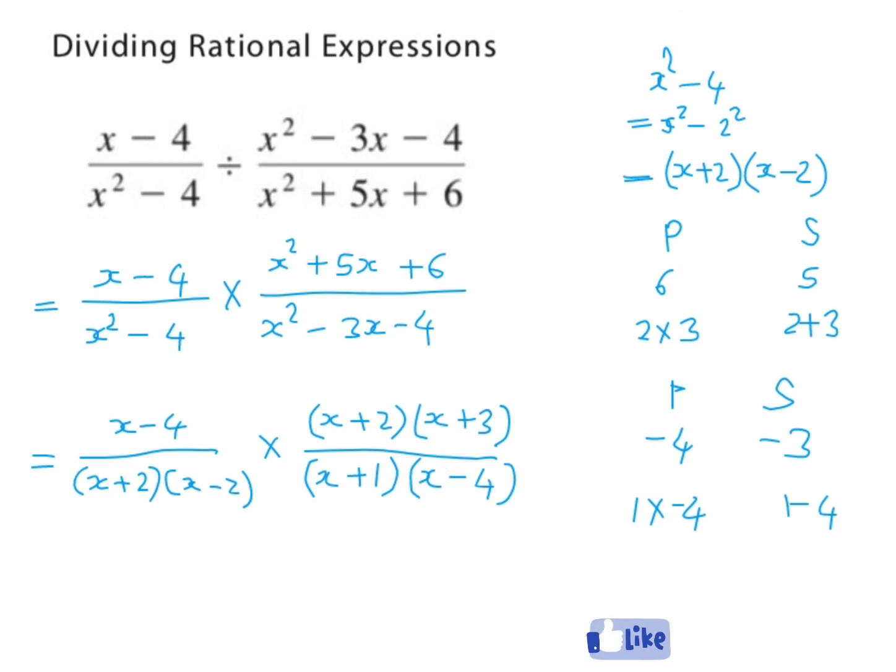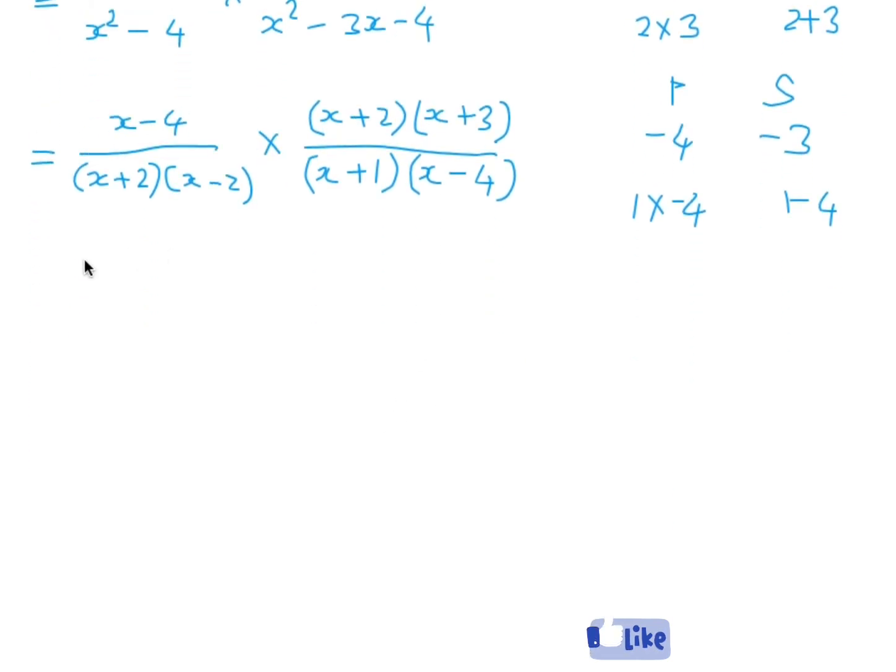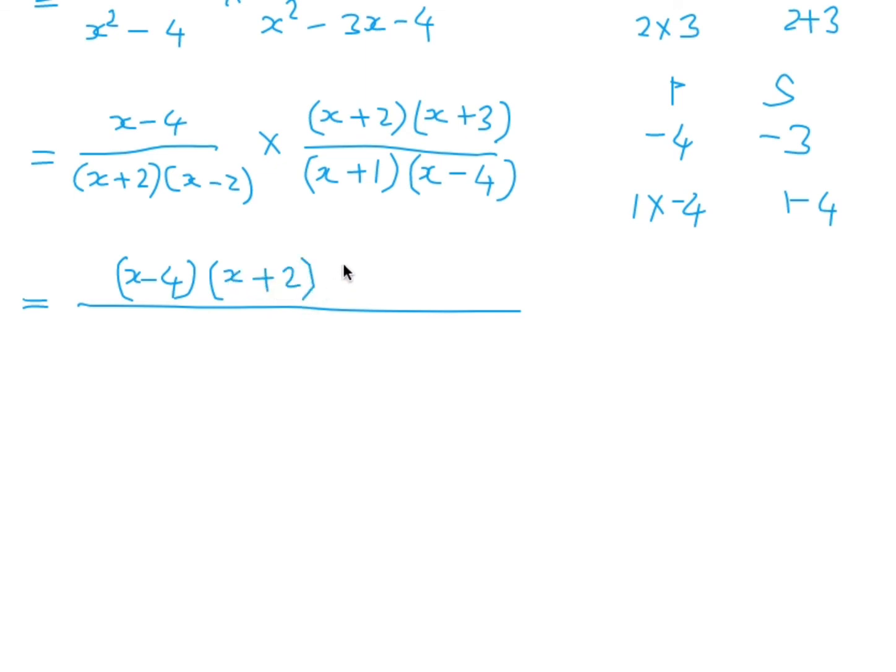Okay, so simply multiply numerator with numerator and denominator with denominator. So x minus 4, x plus 2, x plus 3. Here x plus 2, x minus 2.